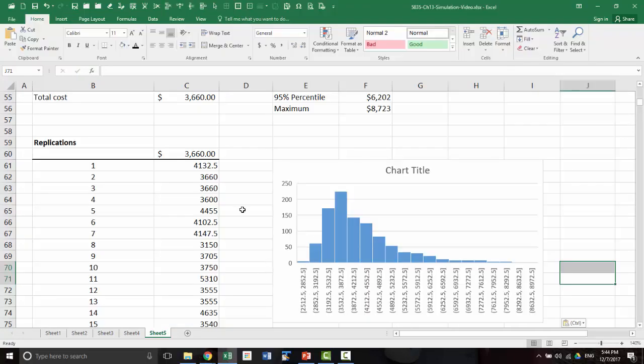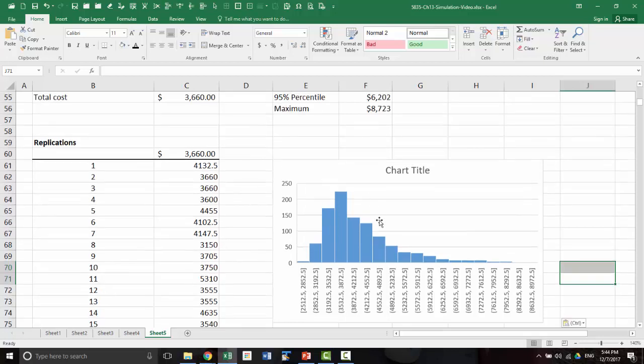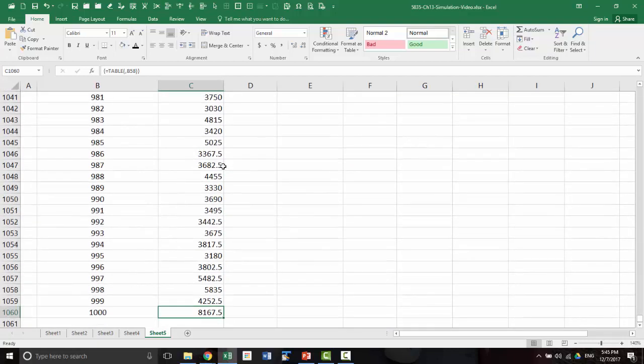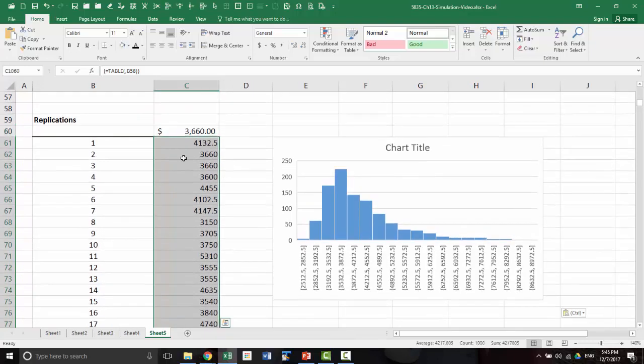All right, as you can see, okay, there is a rightward skew to the total cost, and most of the costs occur in this range. All right, you can also do a, so go down. So if you start from the bottom, then you will be at the top to see the graph easier.